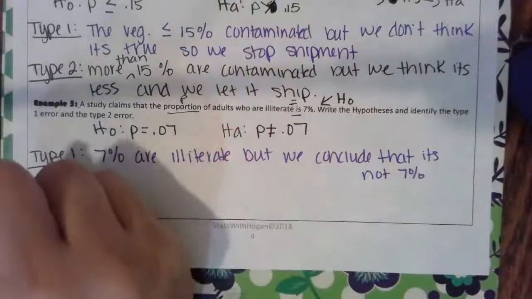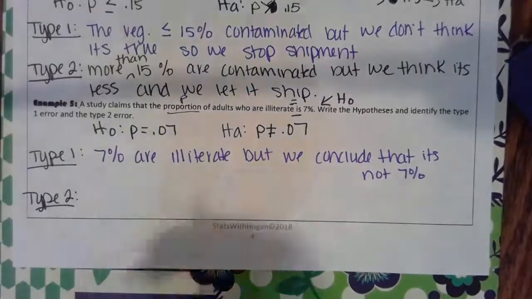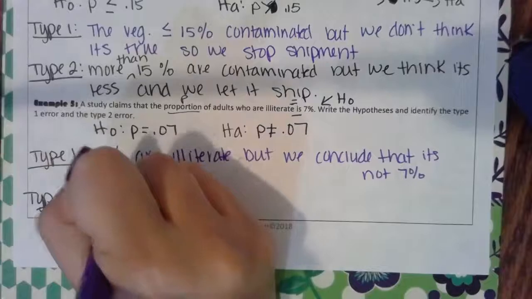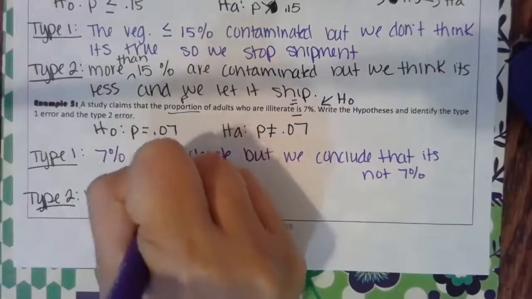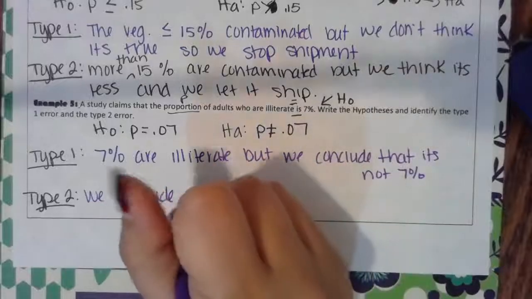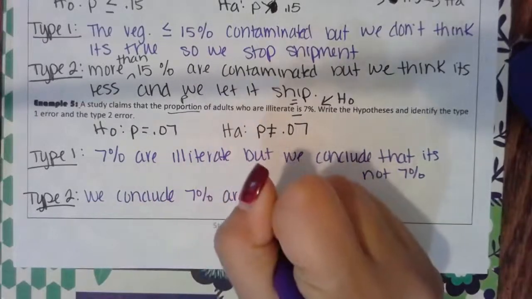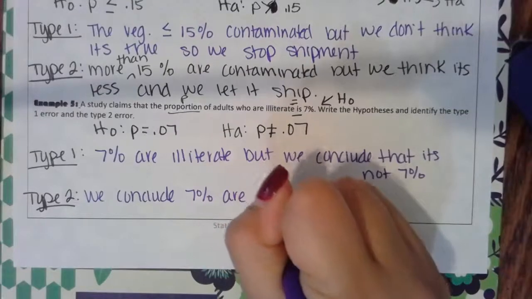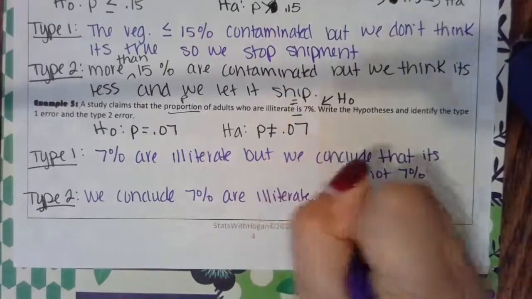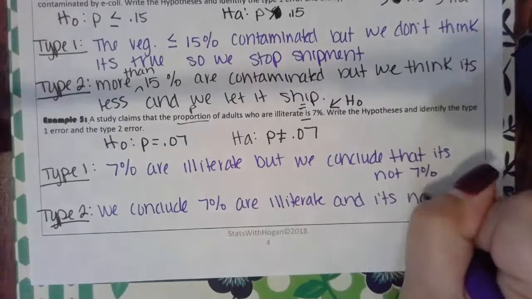Your type 2 error would be that you conclude that 7% of the population are illiterate, but it turned out that that wasn't true.